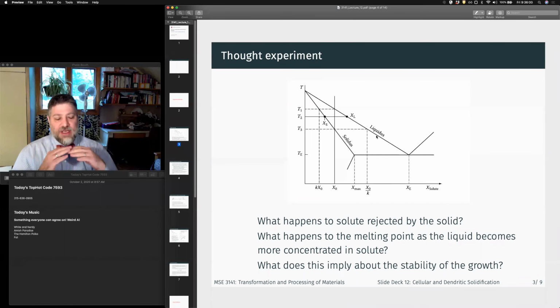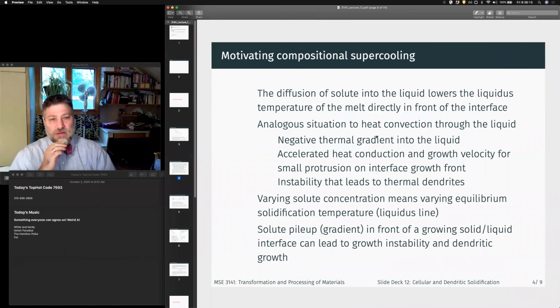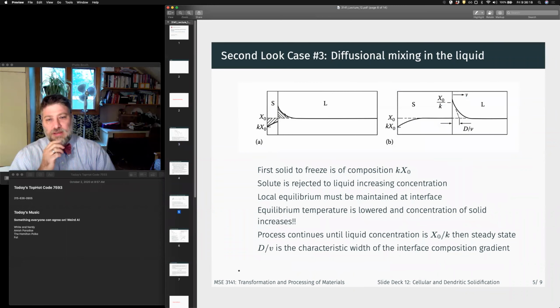So if we keep the temperature constant, let's just pretend for a second that the temperature of the liquid is completely uniform, but now I have this solute pile up in front of my interface. So what does this imply about my undercooling as I move away from this interface?